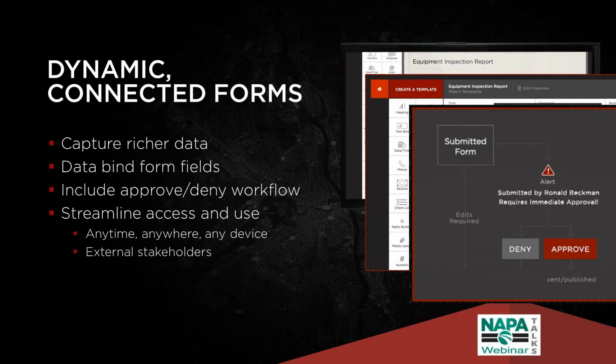If a form is going to be completed but needs to be approved, you can do that. And the key thing is to be able to publish these forms and have folks fill them out on a laptop, a tablet or a smartphone, and all of that information is then available for very rich reporting and dashboards and so forth.